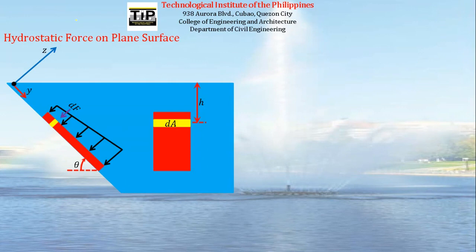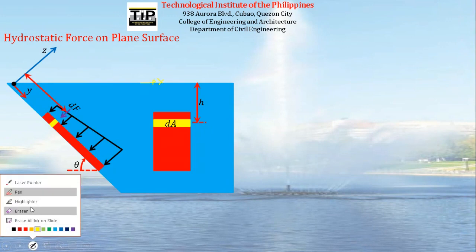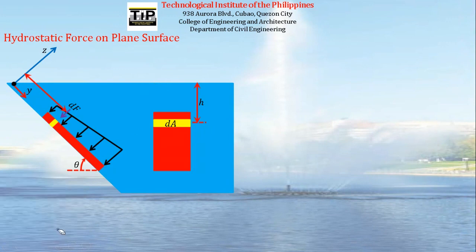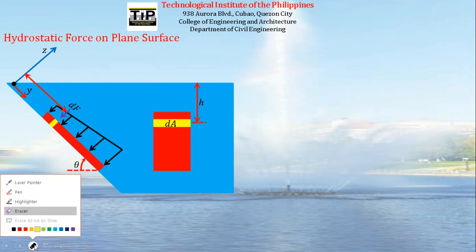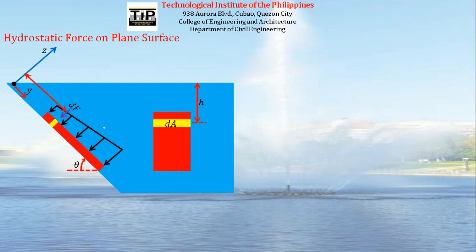Basically, we have two axes. We have the Z and the Y axis. So yung X natin papunta dito. Okay, yung X axis. Now this D sub F has a distance, no? Distance Y from the Z axis.